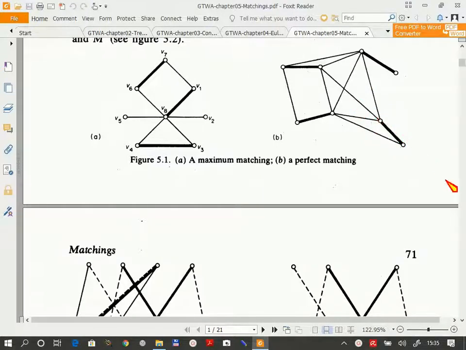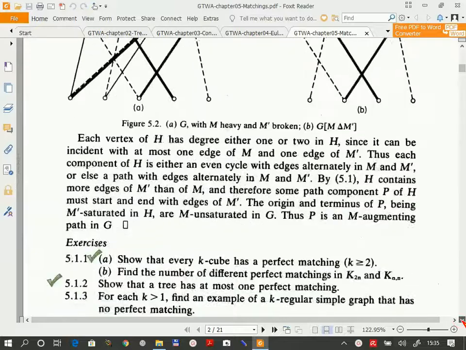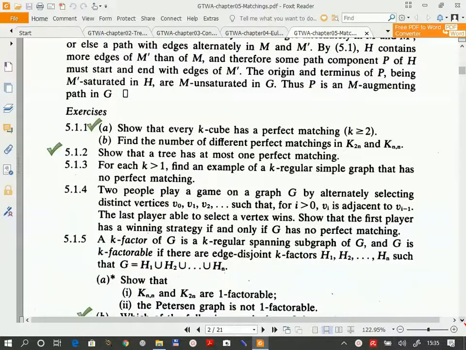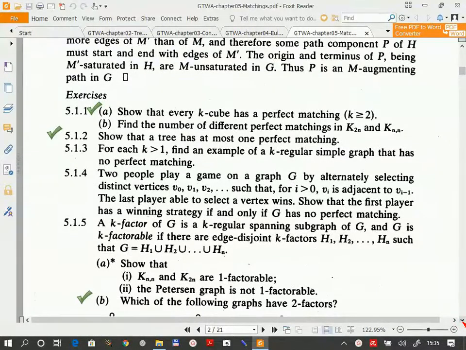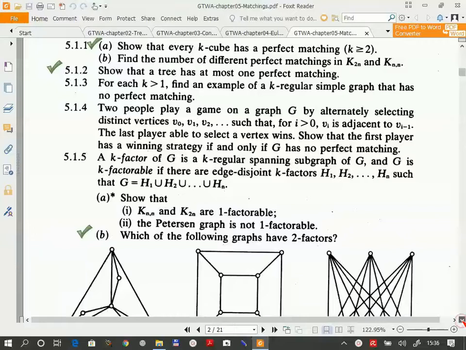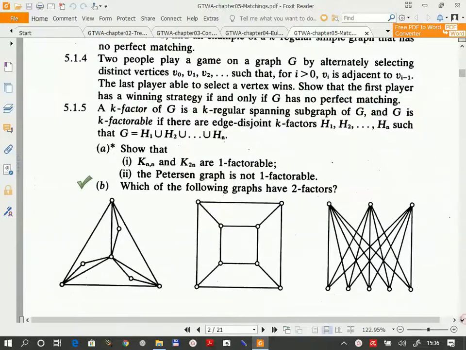So if you have a perfect matching of a graph, then you have a one factor. What about 2 factors? For instance, can you find 2 factors of the 3-cube?